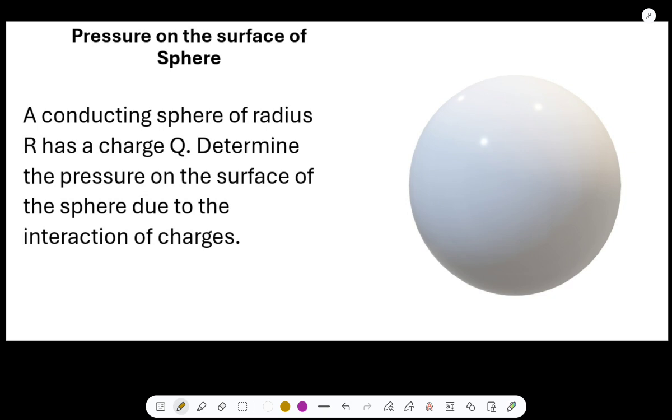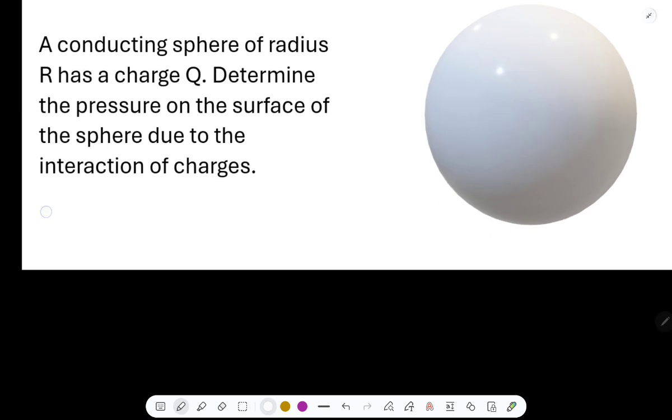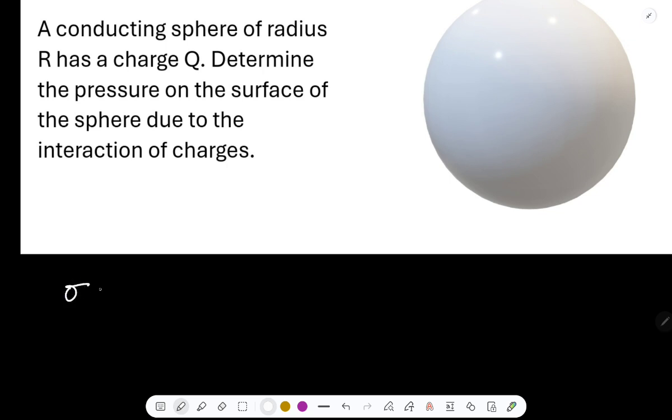Of course, you can simply write the surface density of charges on the sphere, denoting it by sigma. You can write it as the total charge on the surface of the sphere, because the surface is a conductor, divided by its surface area, that is 4 pi r square.